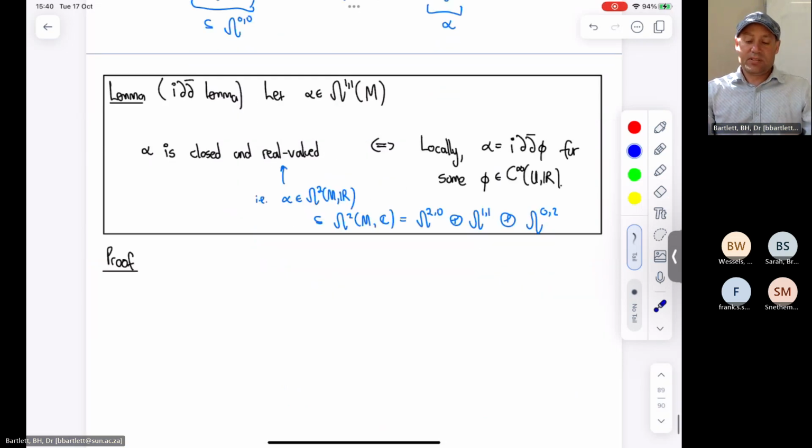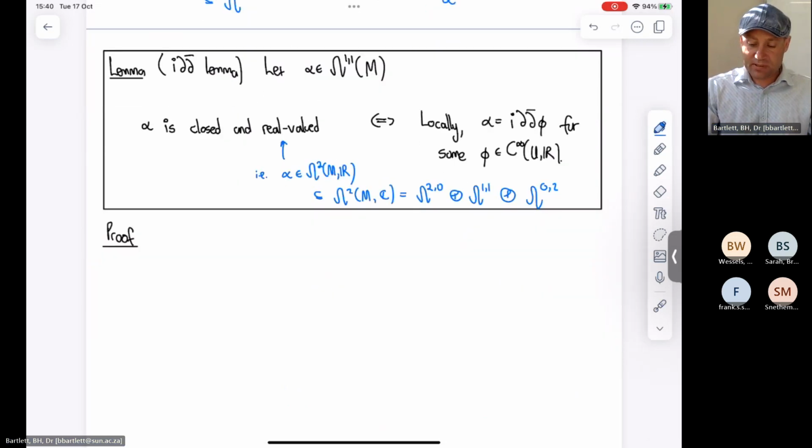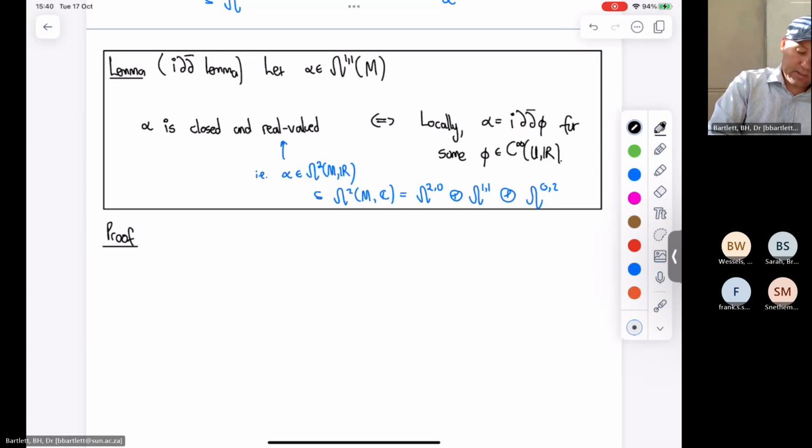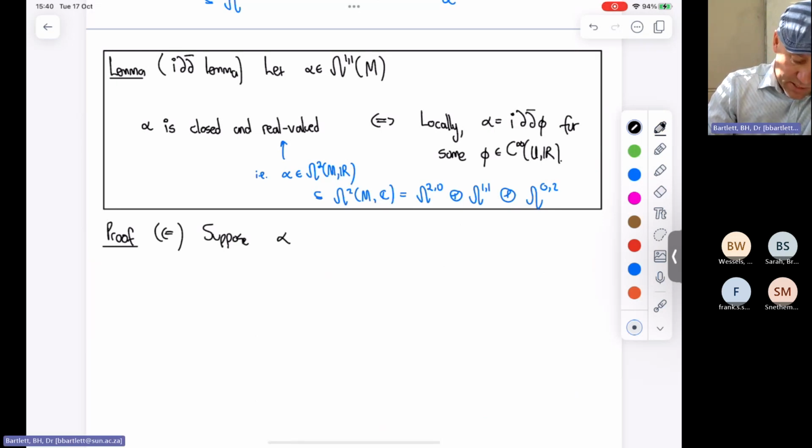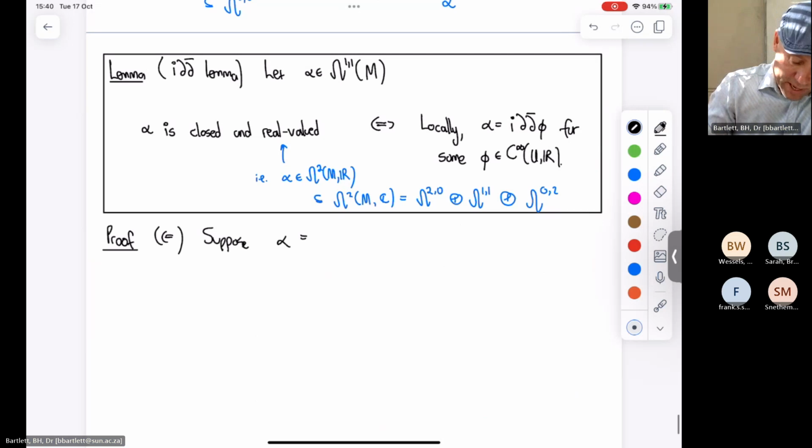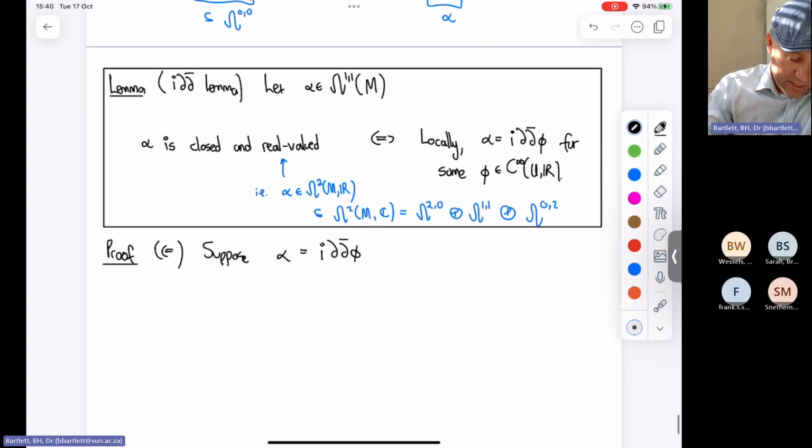So let's prove this. Reverse direction. Suppose that I've got a (1, 1) form alpha, and I know that locally it can be written as i times del del bar phi, where phi is some smooth function on my open set, which is real valued.